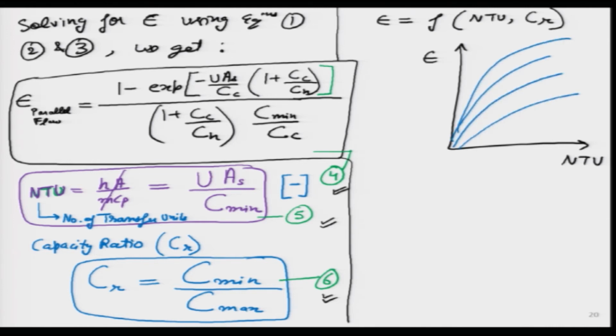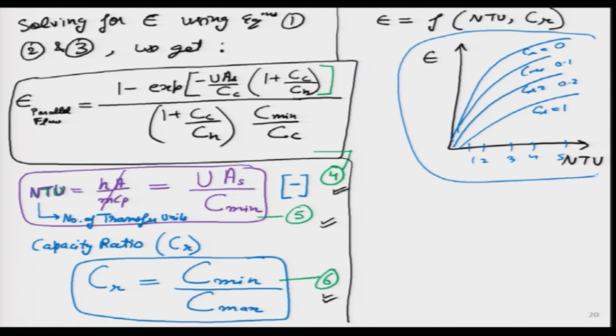So, if I can get some sort of correlation like this with NTU numbers over here 1, 2, 3, 4, 5, and CR values 0, then 0.1, 0.2 or something, anyway it can go in any way. Then if we have this sort of generalized figure or table, students and our heat transfer community can always refer to this figure. NTU essentially depends on how big my heat exchanger is.